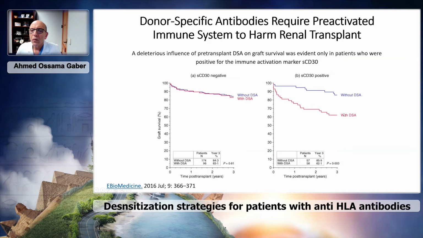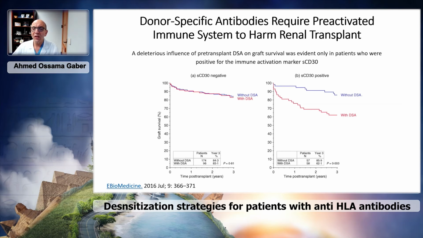Now, one of the major advances in the past few years has been the recognition that not all donor-specific antibodies harm the transplant. This is a study that was published in 2016. It's a multi-center study that was done in Europe, where they looked at CD30 positive and CD30 negative patients who have DSAs and who do not have DSAs, and they looked at the outcome of their allograft transplants.